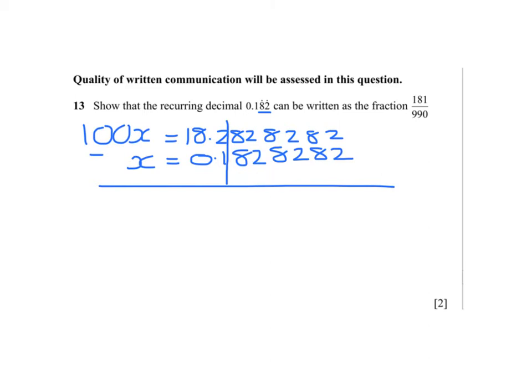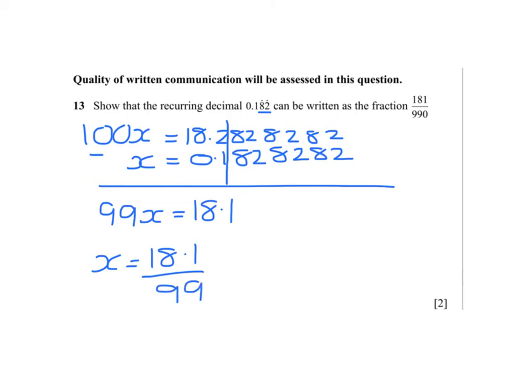So 100x minus x gives me 99, and 18.2 minus 0.1 gives me 18.1. So x is 18.1 over 99. That's an improper fraction. So can't have decimals, so I'm going to multiply top and bottom by 10. 181 over 990.